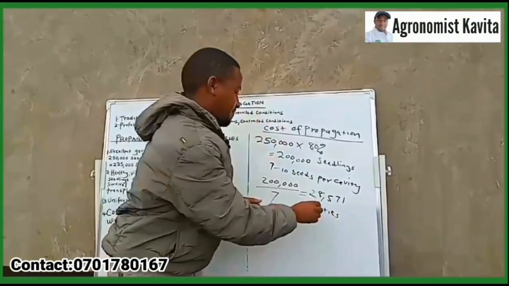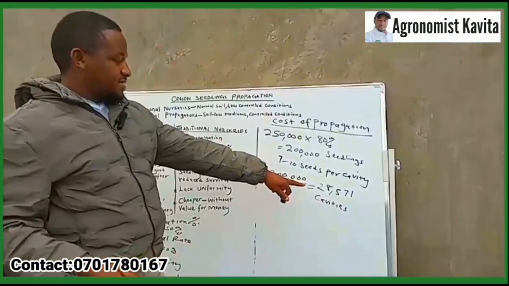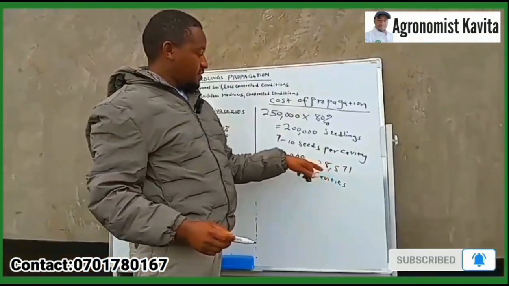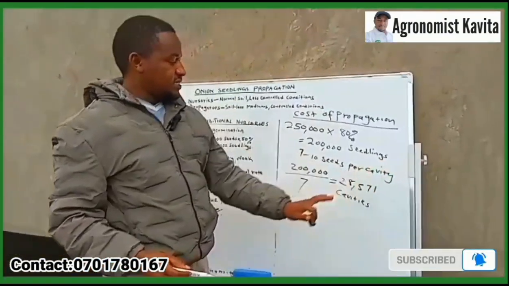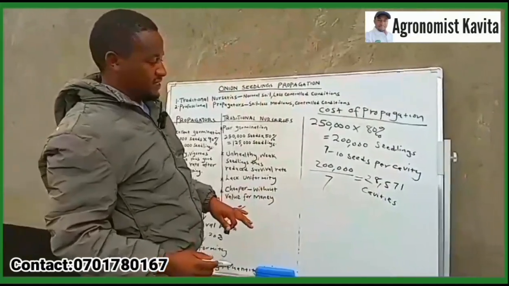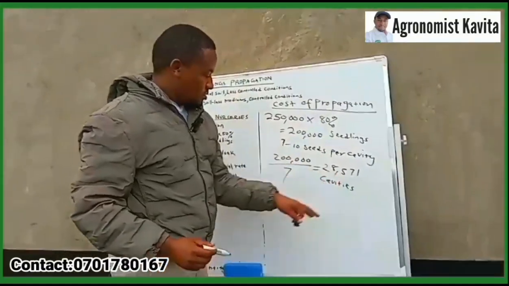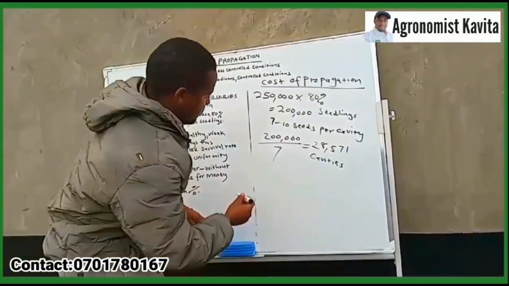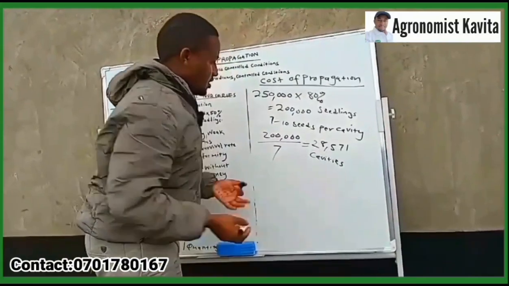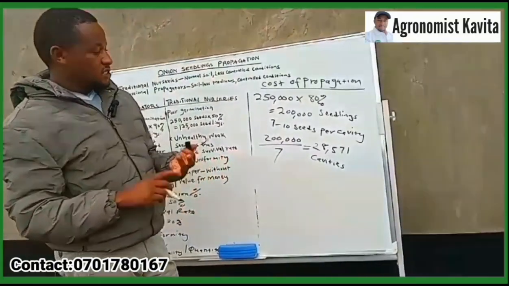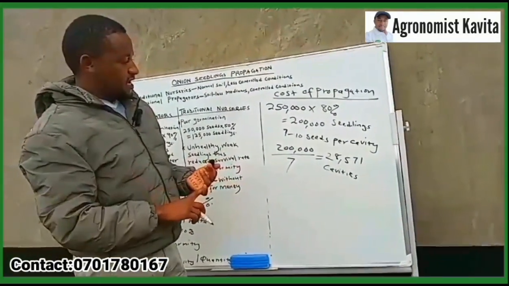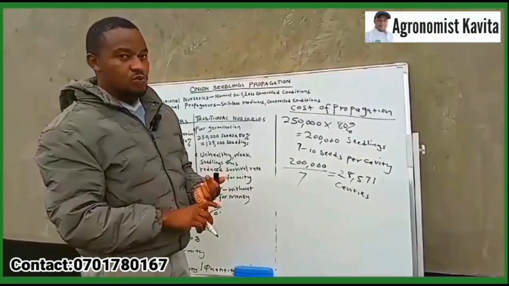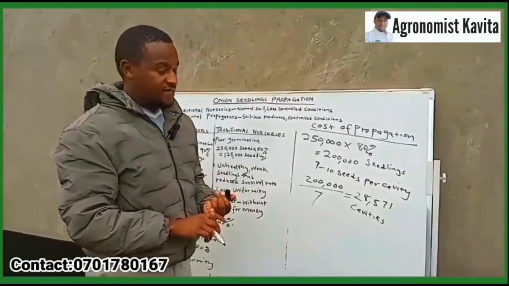Most of them will just make it 28,500 cavities. Initially it used to be around 1.5 shillings, but nowadays I realize most of them are going up to 1.8 per cavity.